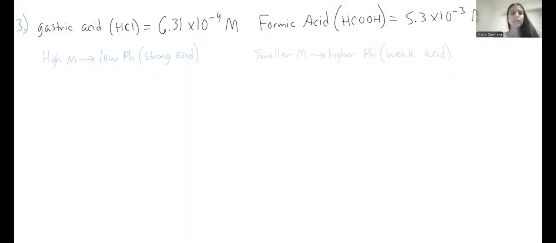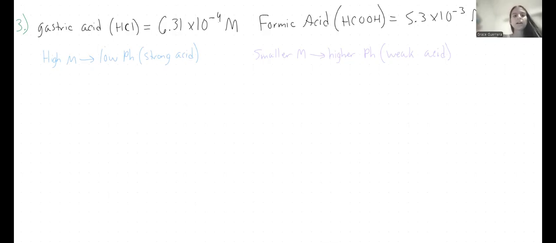So when comparing gastric acid and formic acid, we can see that our gastric acid, which is primarily composed of hydrochloric acid, has a higher concentration compared to formic acid. This gastric acid also has a relatively low pH, and it is a stronger acid since it is primarily composed of HCl, a strong acid.